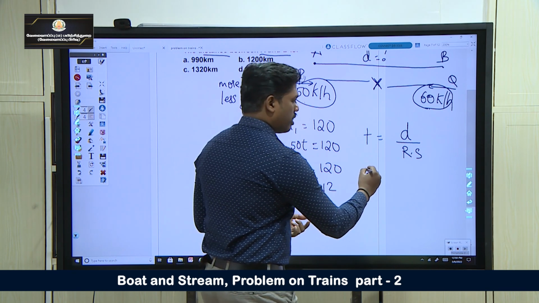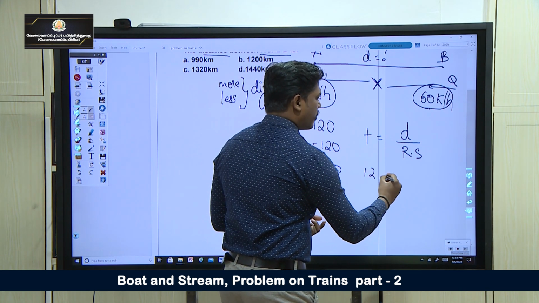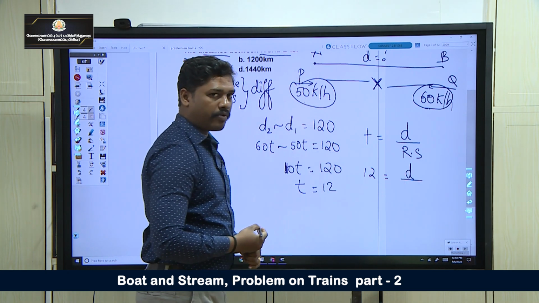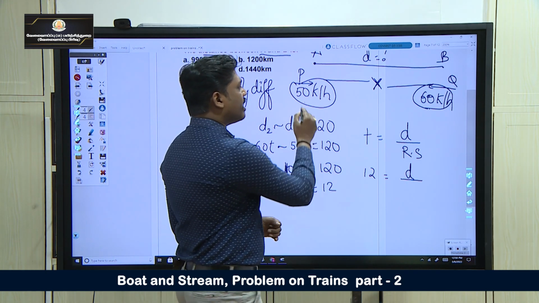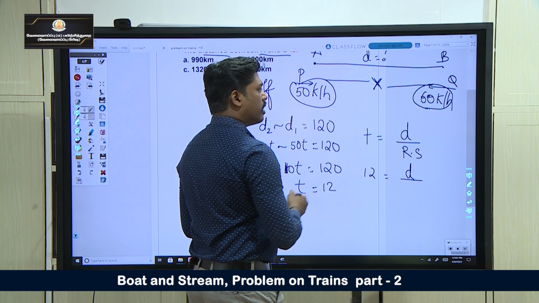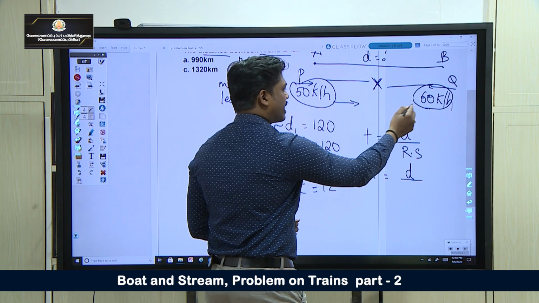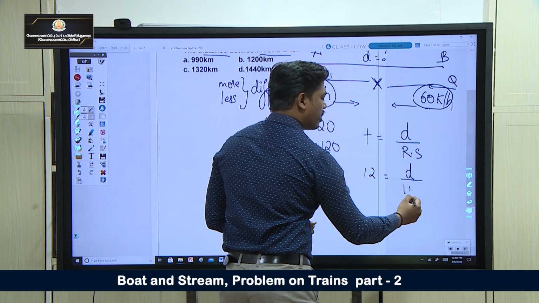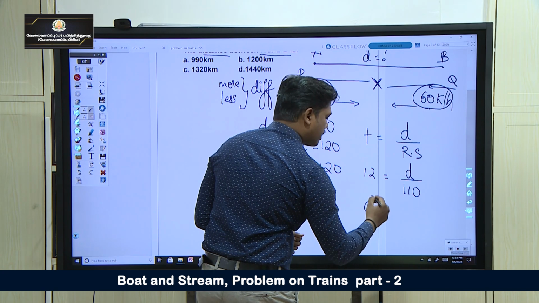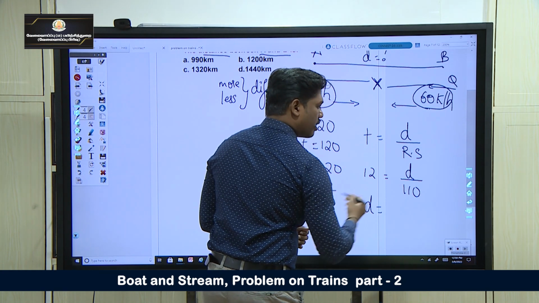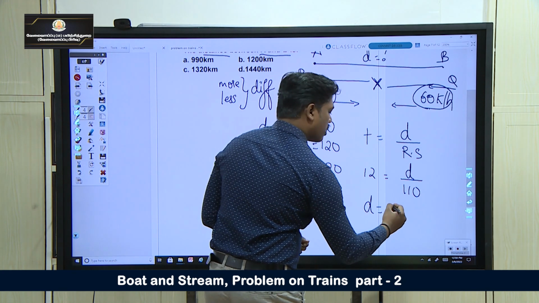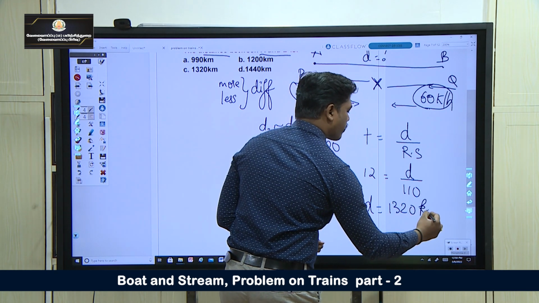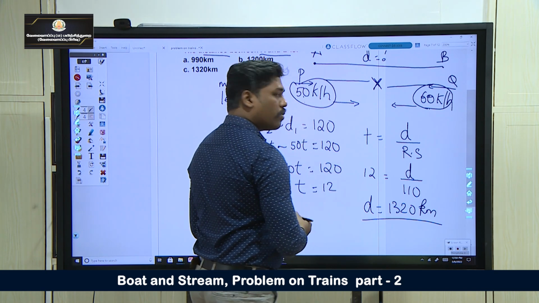Time is 12 hours, equal to the distance between them, which we have to find out, divided by the relative speed. They are moving in opposite directions, which means 50 plus 60, 110. So distance is 12 into 110. 12 into 110 is 1320 kilometers.